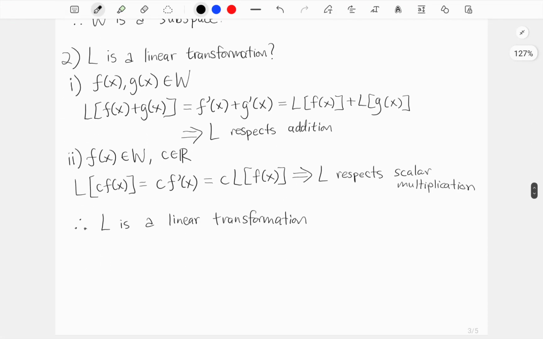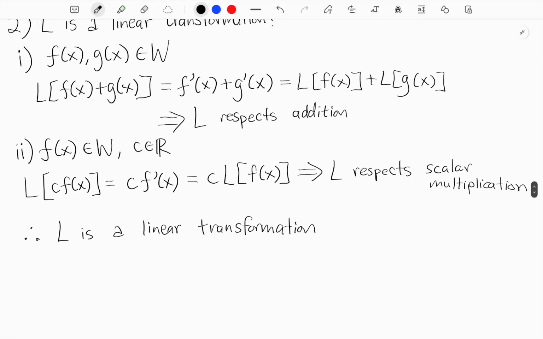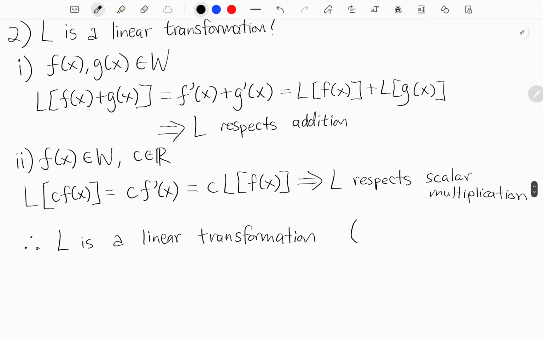Another nuance criterion is that I need to show that, if L is a linear transformation, then L of 0 should equal 0, which is true because if f of x is equal to 0, then f prime of x, the derivative of 0, is also equal to 0.